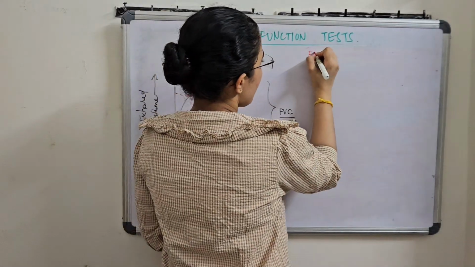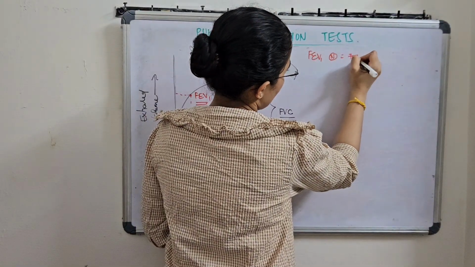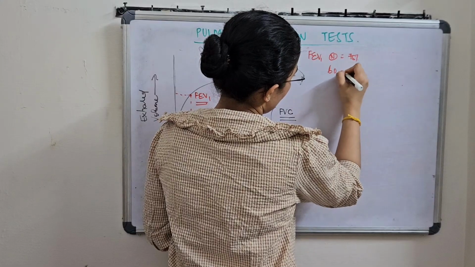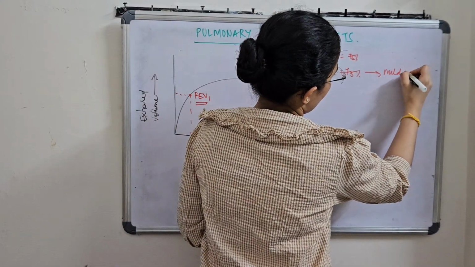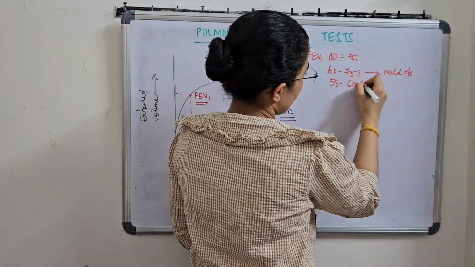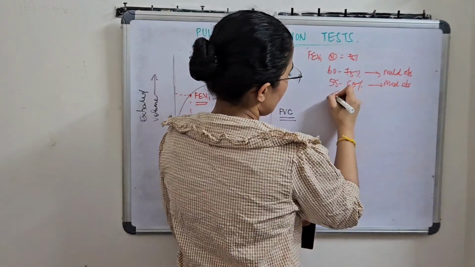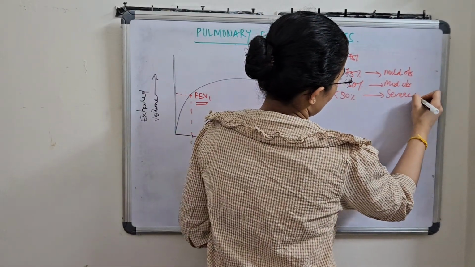FEV1 normally is 75%, right? If it is 60 to 75%, it is mild obstruction. Okay, 55 to 60%, it is moderate obstruction. If it is less than 50%, it is severe obstruction.